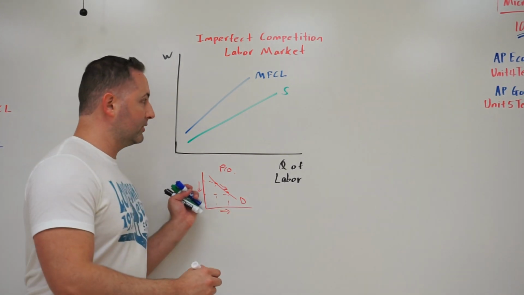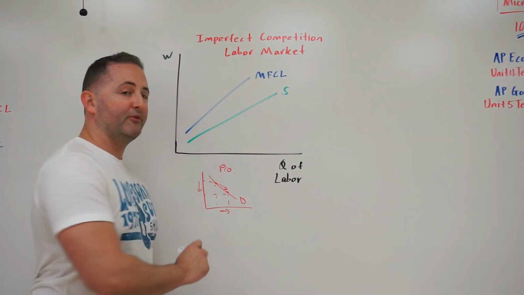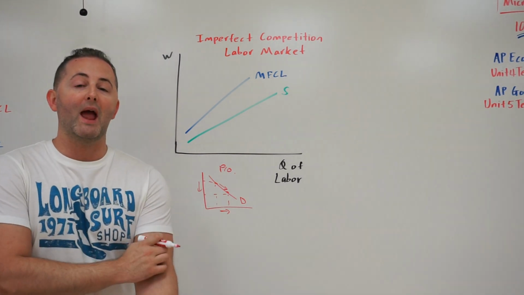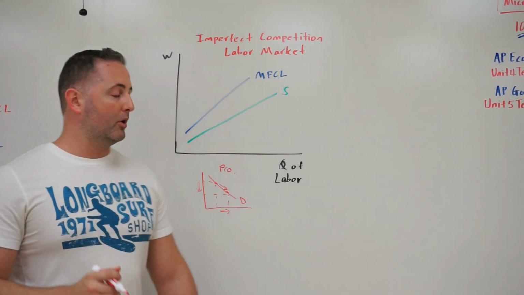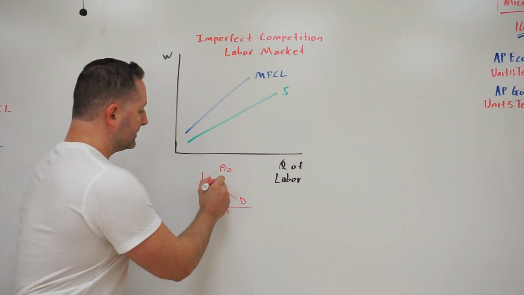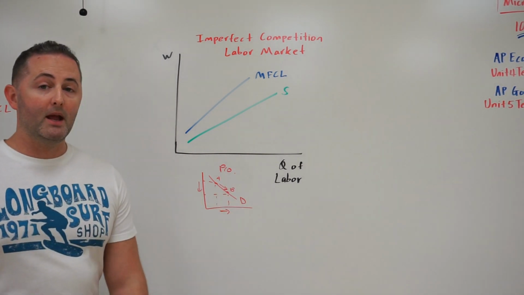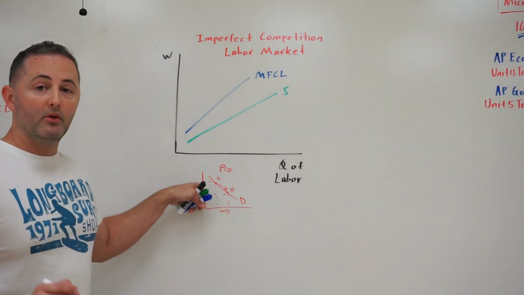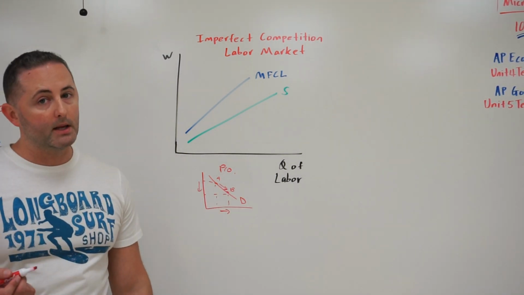The price effect is really the part that we're going to be concerned with here, because the price effect says, well, we have to charge less for every unit, right? For every unit that we're selling. We don't get to charge the high price for this guy, so if this is point A, we're moving to point B, we don't get to charge the high price at point A anymore. We charge everybody the lower price at B, including for all the units that we could have sold at the higher price.